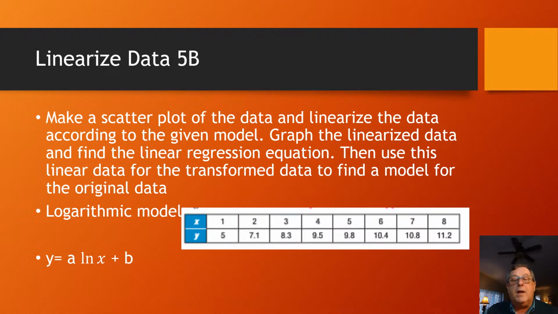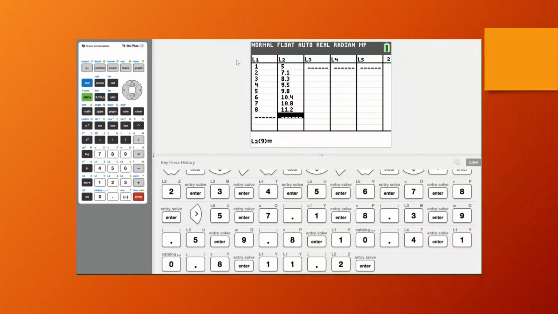Are you ready? Now you can see here that I've already entered the data for our logarithmic model in L1 and L2. L1 represents the x values, L2 represents the y values we've been given. But I'm going to prepare to linearize this logarithmic model.